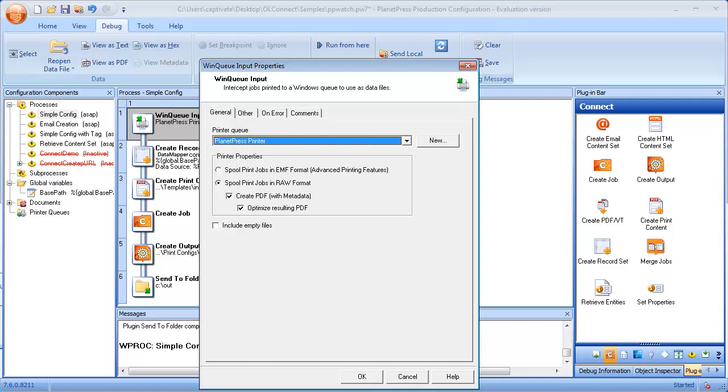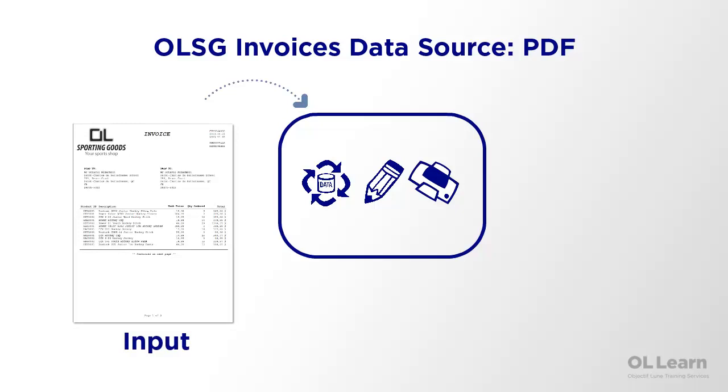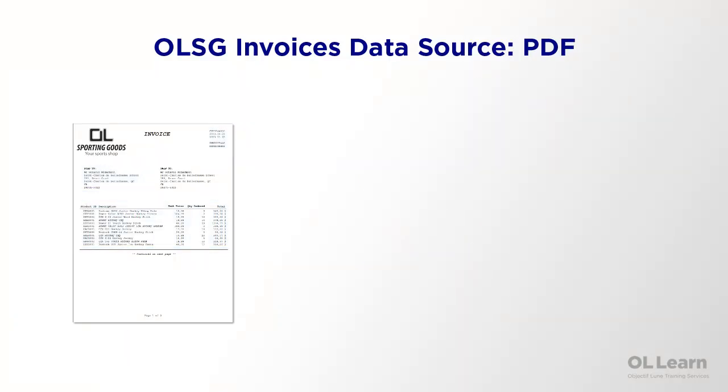So I'm not going to explain what the WinQ input does because you should already be comfortable with it. However, I am going to explain why we're using it. The reason for it is that our invoice, the input or the data source for the data mapping configuration that we've created, as we know, is a PDF. How did we get it?